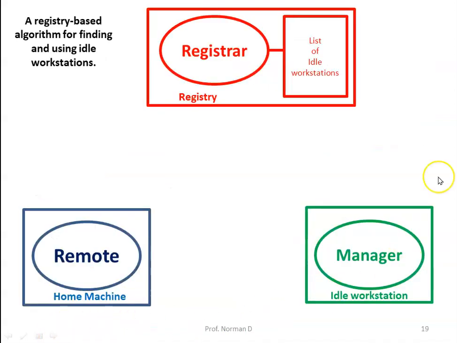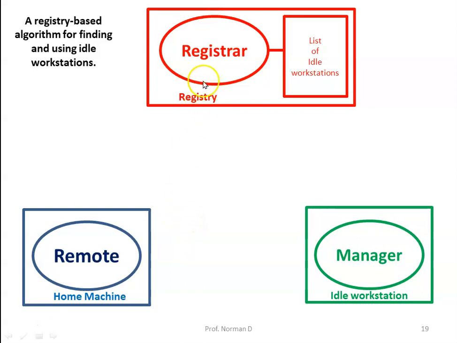We will summarize this entire server model using this diagram. So basically this is a registry based algorithm for finding and using idle workstations. We have an idle workstation, we have a home machine or a process which wants to execute a certain process on an idle workstation, and we have the registry.